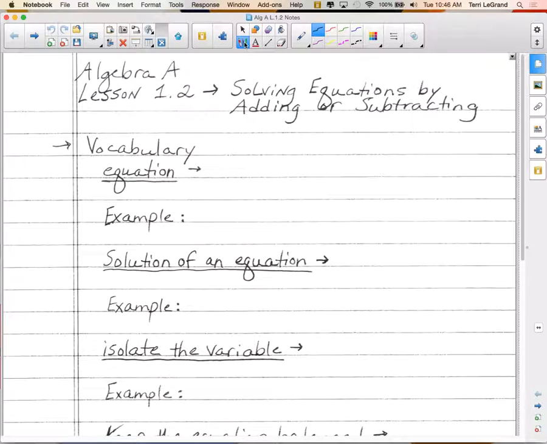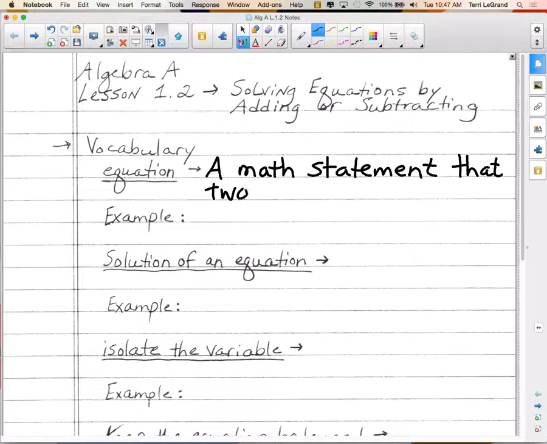No, an equation's not the answer to a problem. Blake? A mathematical statement that two expressions are equal. Okay, a mathematical statement, so it's kind of like a math sentence. Let's just say a math statement, we could shorten up the word mathematical, that two expressions are equal.